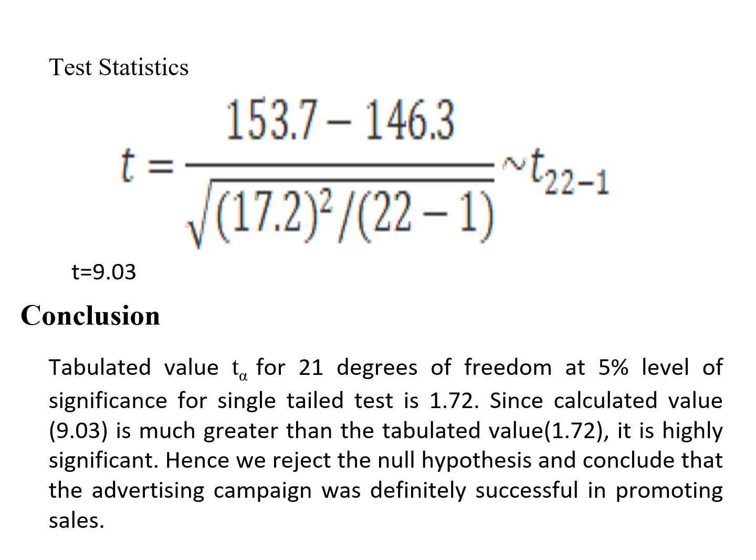Since the tabulated value is less than the calculated value, we reject the null hypothesis, which means we accept the alternative hypothesis H1, that after the advertising campaign the departmental sales increased. That is the conclusion for this problem.